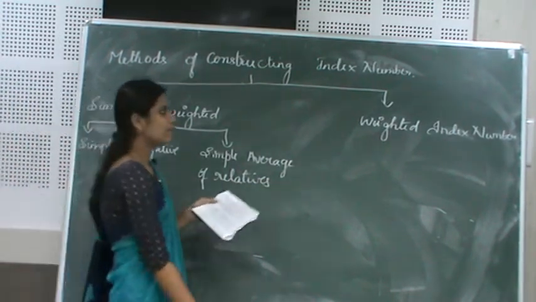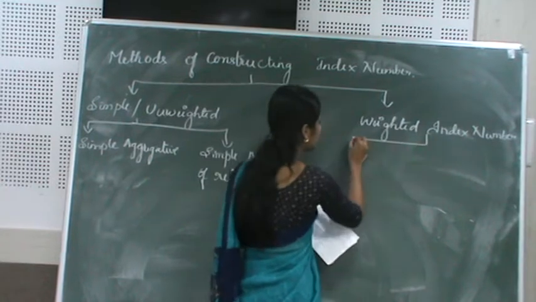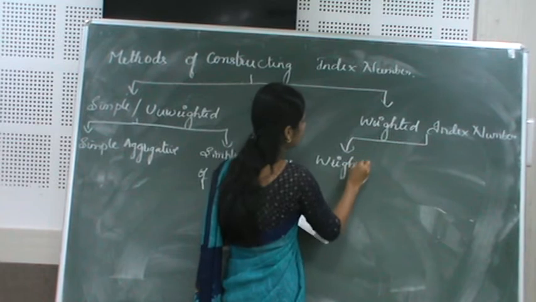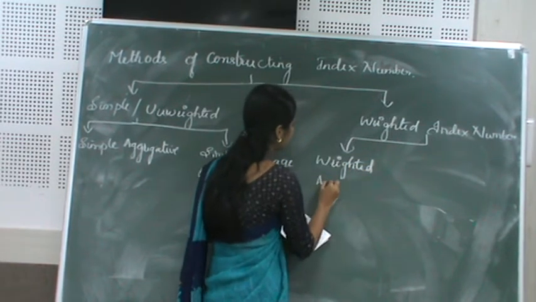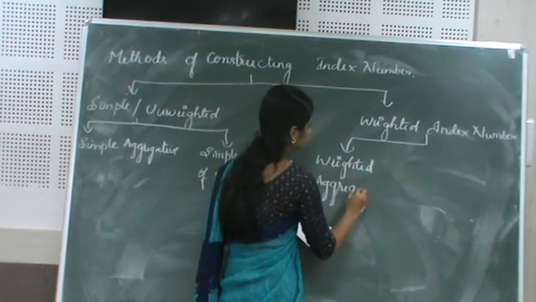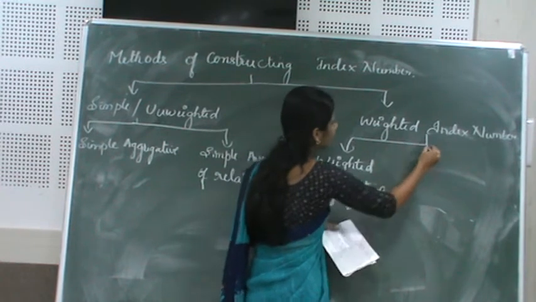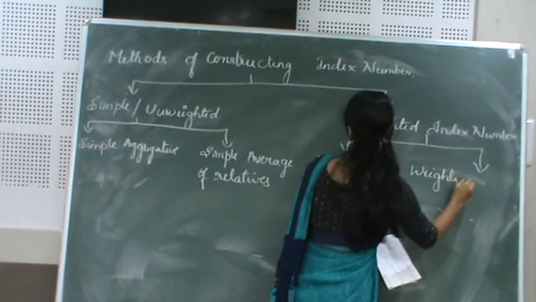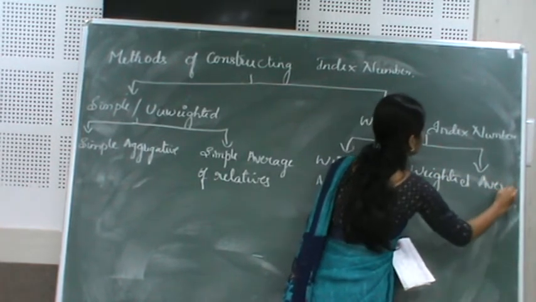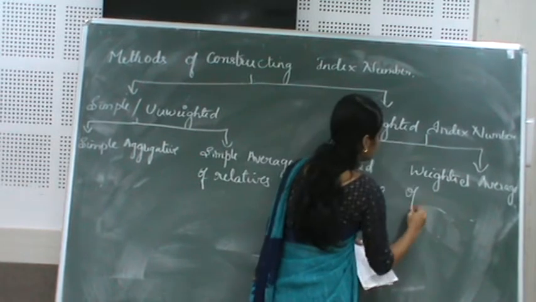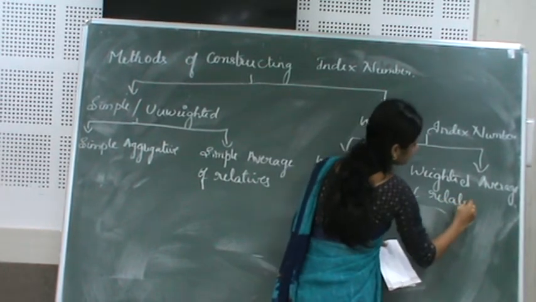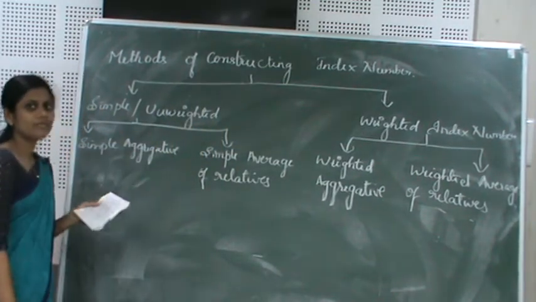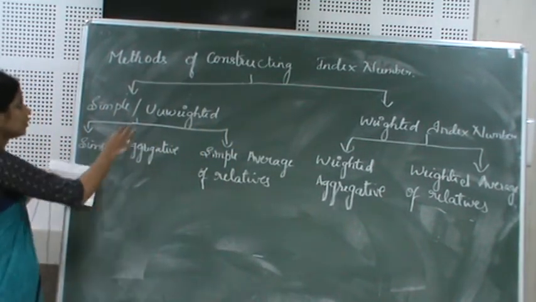Whereas in weighted index number also there are two types: weighted aggregative method, and weighted average of relatives method. So these are the methods of constructing index number.